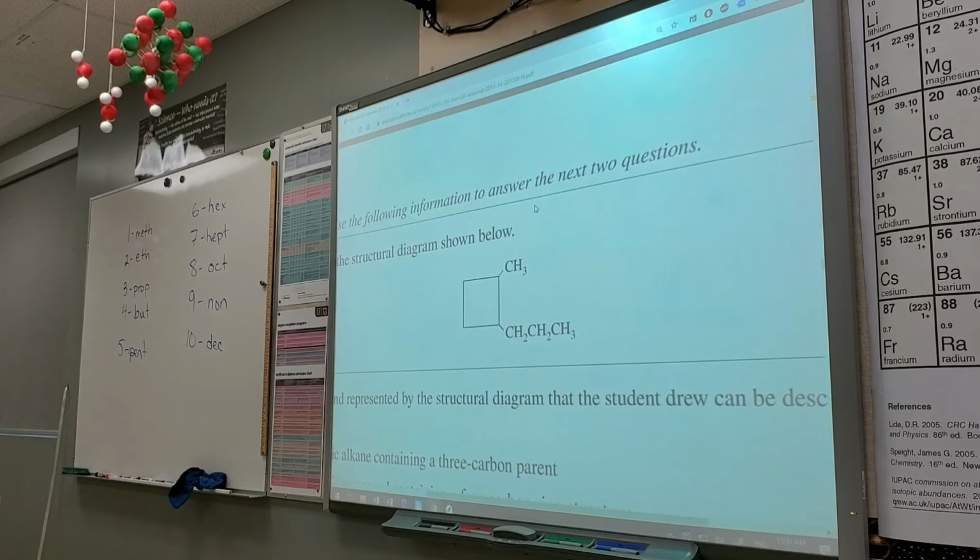It has 2 carbons. I know, but it says the compounds above that are isomers in the structural diagram of the student. So that's what the student did. No. You have to go, which one of these, how many of these are isomers of that? I know it's tough, right?